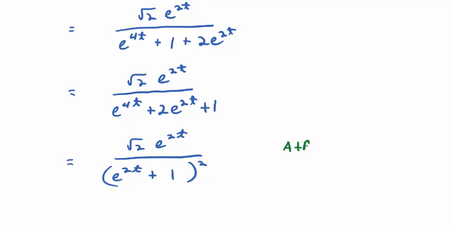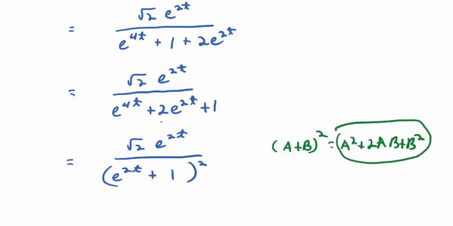A plus b quantity squared is equal to a squared plus 2ab plus b squared. And so all I did was factor this, going from this side. I recognized this is a perfect square, where a is like e to the 2t, and b is like 1. And once you recognize that, it's pretty quick to see I can factor this guy as e to the 2t plus 1 quantity squared.